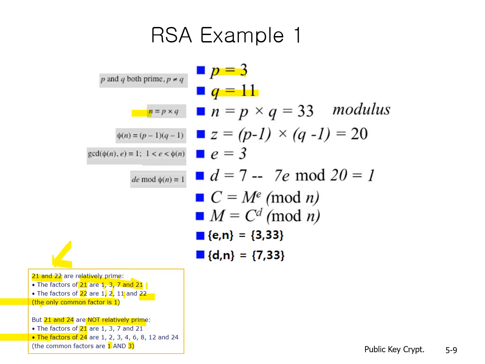And then calculate n, and this is 33. We call this n the modulus because here n is used in encryption and decryption.